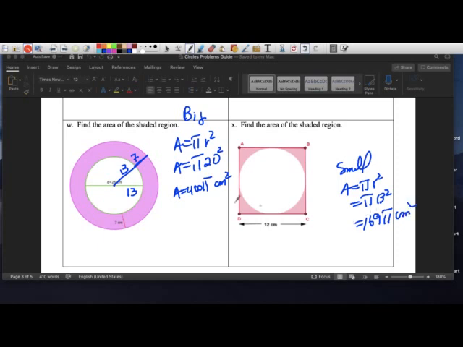So all we have to do is subtract 400 pi minus 169 pi. We can treat the pi as a variable, so that's going to stay, and just subtract 400 minus 169. That's going to give us 231 pi centimeters squared. Okay.